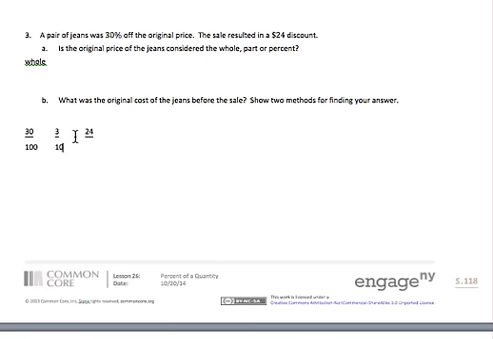And then we'll look at the relationship between 3 and 24. 3 times 8 is 24. So we will multiply 10 times 8 as well. And that will tell us that the original price of the jeans was $80.